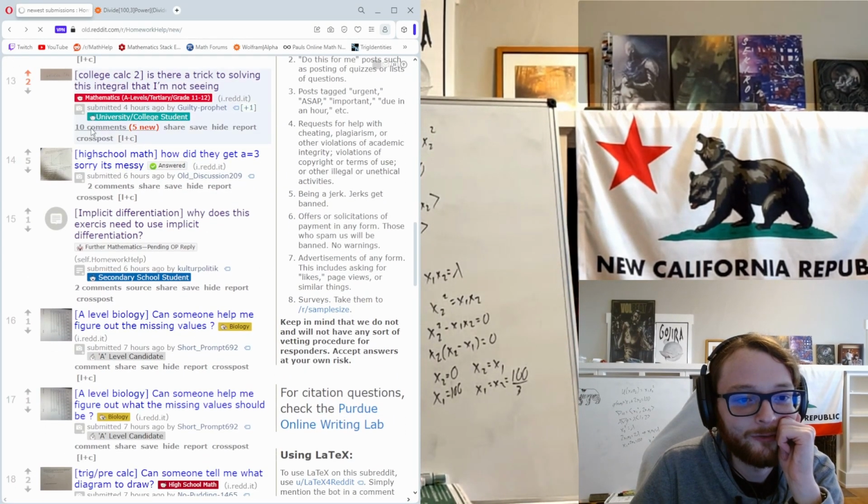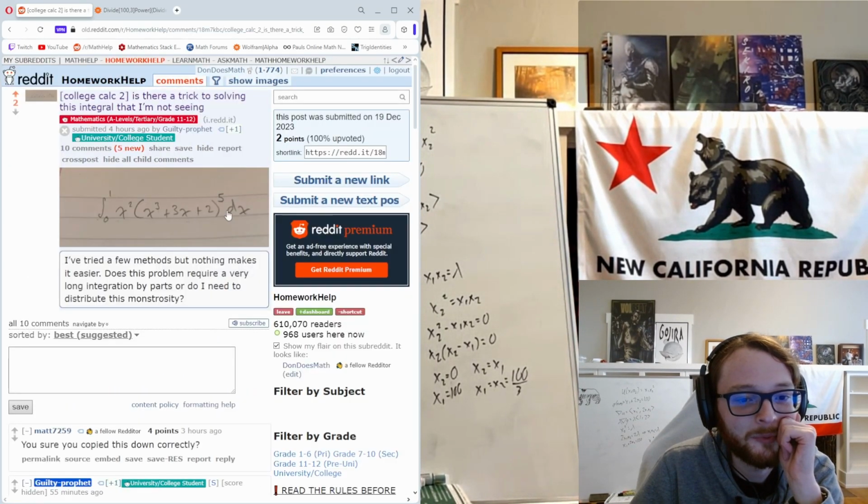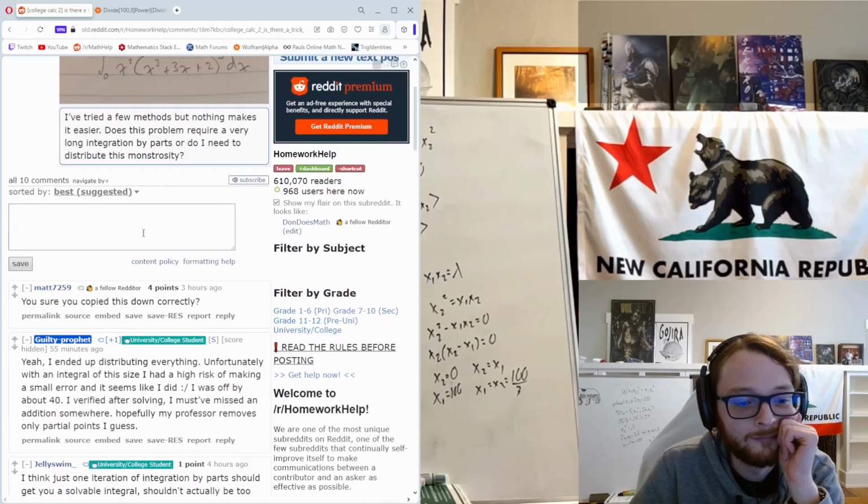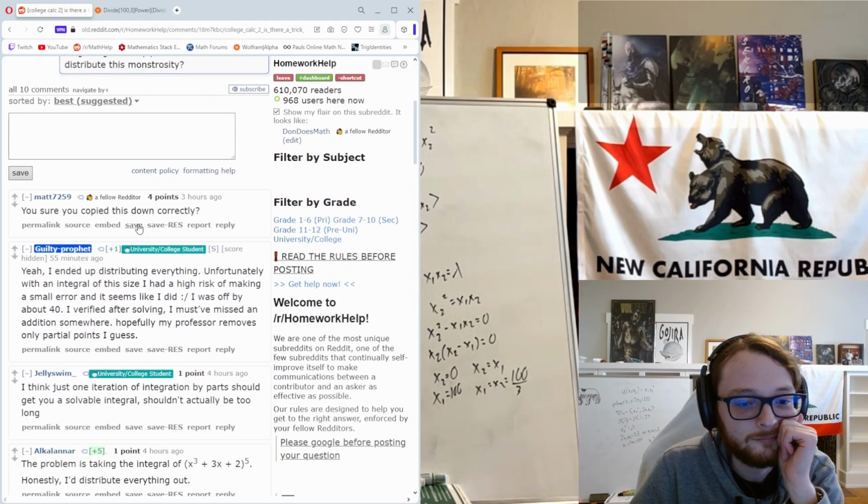Oh, I do want to look at this one again. There's a lot of new comments. Someone was given this integral, was asking if there was a trick. And there wasn't a trick that was really helpful. They ended up just distributing everything. And they were off because, of course, they made an algebra mistake. It's kind of impossible not to, I feel like.